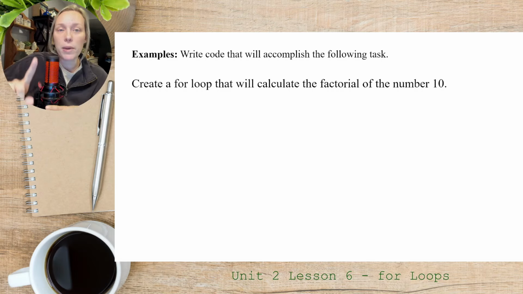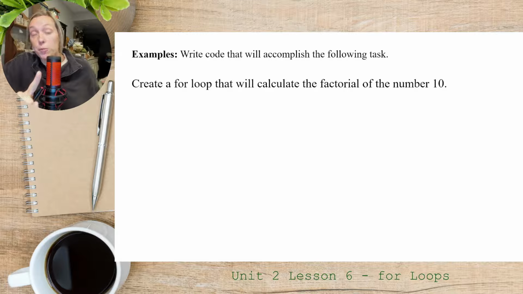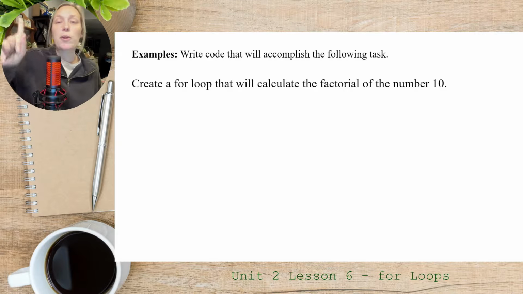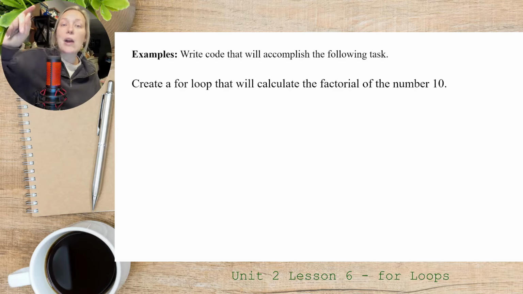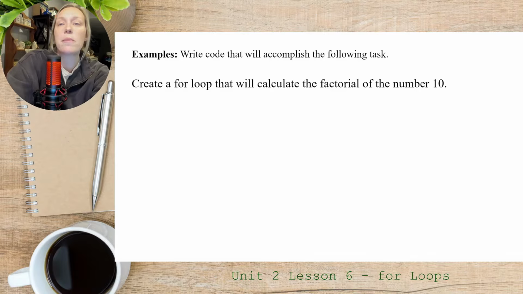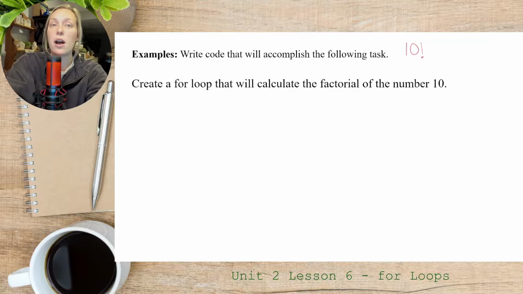Before we get into what the steps are for writing this, let's make sure we all know what a factorial is. Calculate the factorial of the number 10. Remember factorial? If I have 10, factorial is that exclamation mark, and we call that 10 factorial.